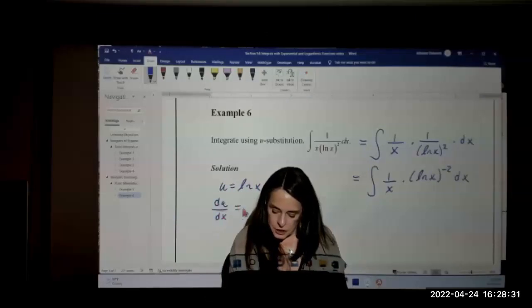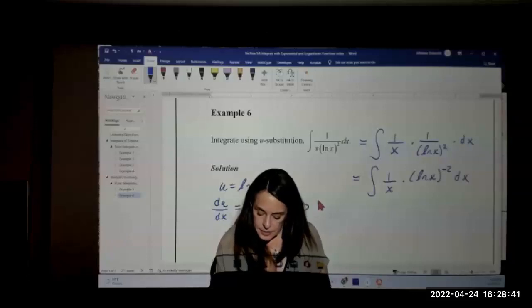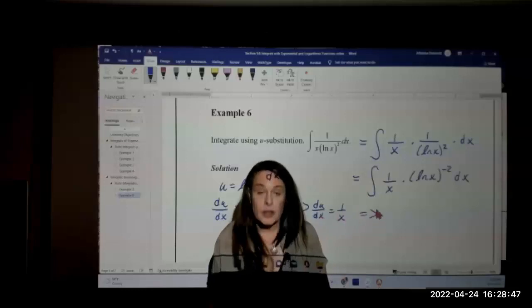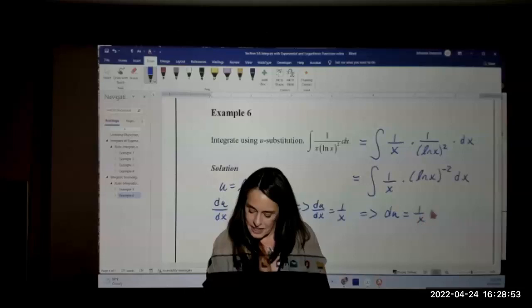So we know that du/dx is going to be the derivative of both sides, the derivative of natural log of x, and the derivative of natural log of x becomes 1 over x. Then we abuse the notation by pushing the dx to the other side. This is the genius of Leibniz's notation. And we get du equals 1 over x dx.